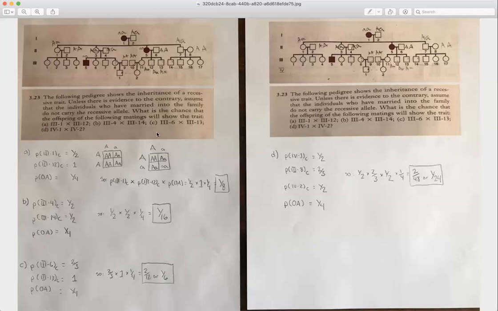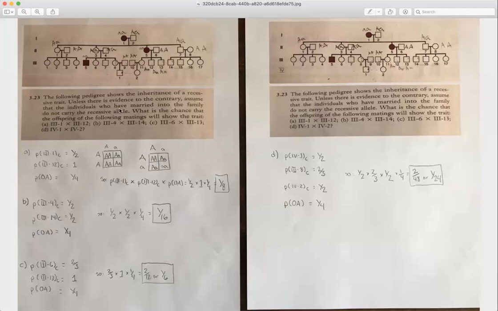Okay, now let's move on to C. We're looking at a mating between 3,6 and 3,13. So come over here to 3,6 and we say, okay, what is the probability that 3,6 is a carrier? The parents are both carriers, right? We determined that 2,4 was a carrier because they have an offspring that is affected. And so we're looking at this Punnett square. We see that 2 of the cells are carriers and 2 aren't.